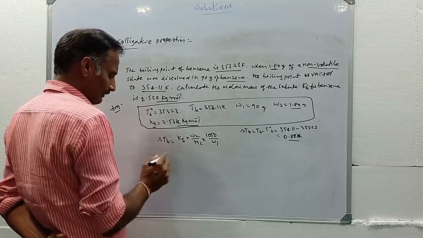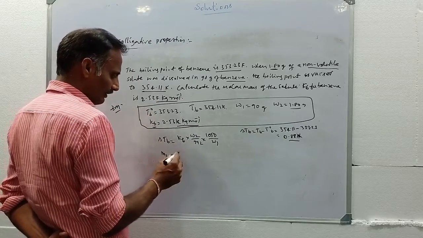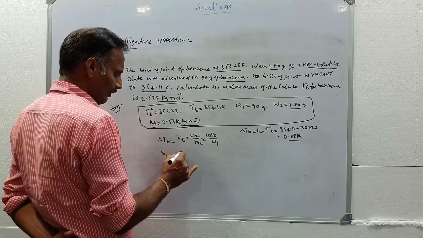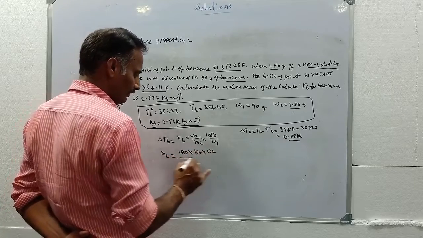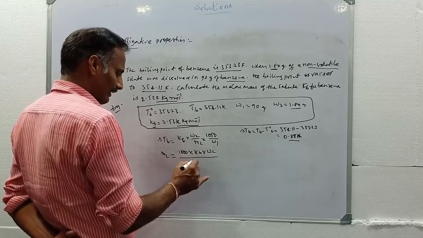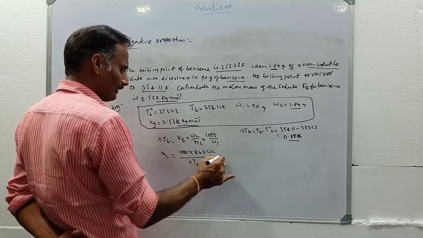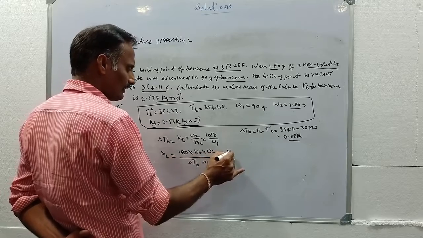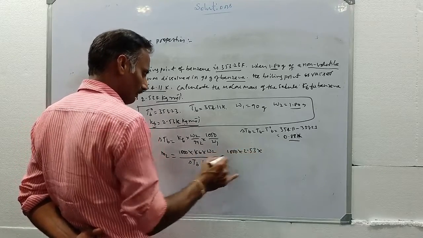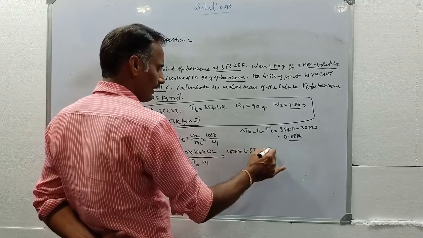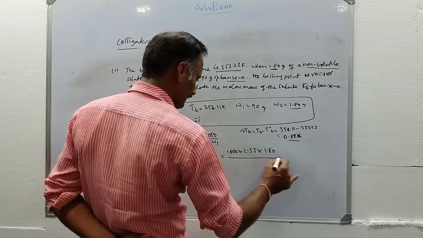We want the molar mass. Molar mass equals 1000 into Kb into W2 divided by delta TB into W1. Substituting all the values: 1000 is constant, Kb value is 2.53, and W2 is 1.8 gram of solute added in benzene.